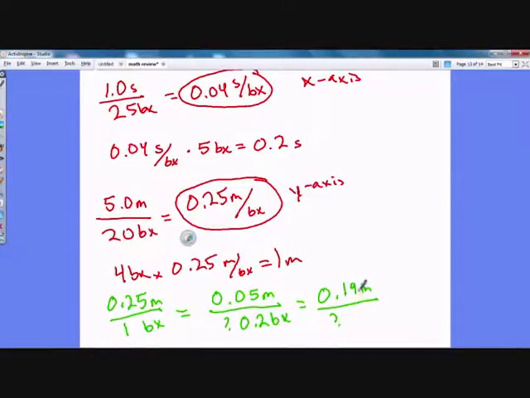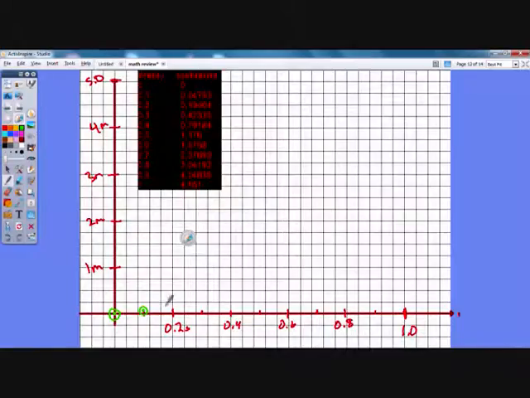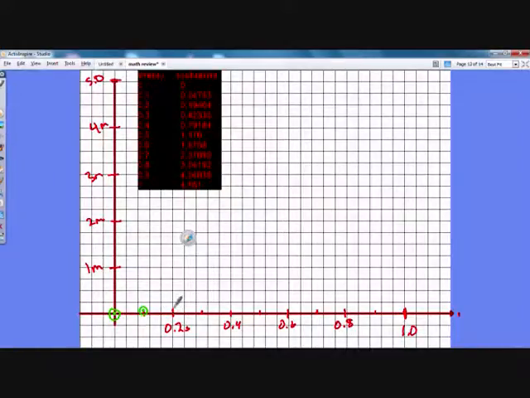Well, we can again solve this by cross multiplication. 1 box times 0.19 meters divided by 0.25. And we find that that is 0.76 boxes. So we're talking about approximately 3/4 of a box. So we got to 0.2, and we go up 3/4 of a box.